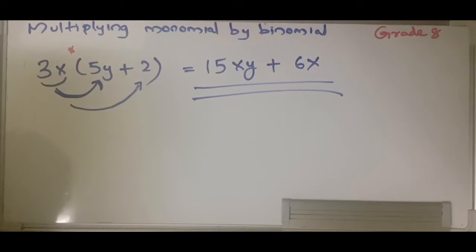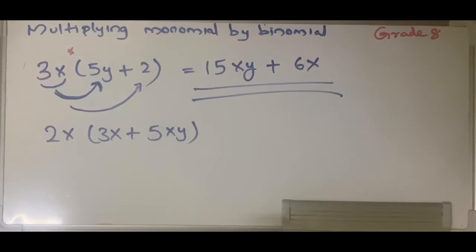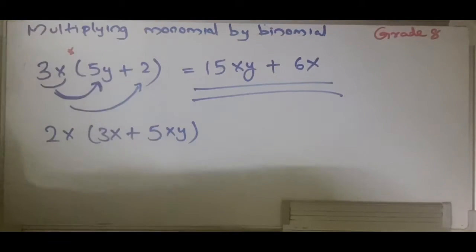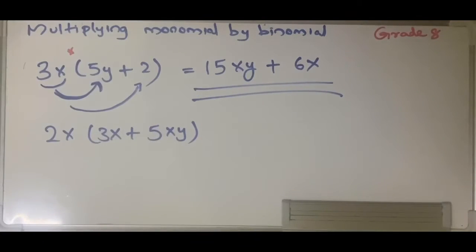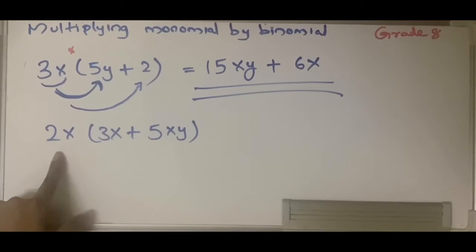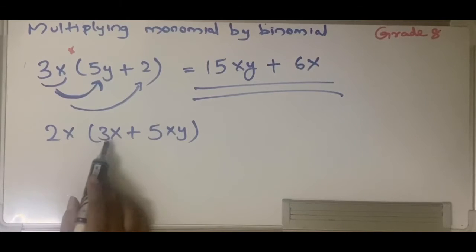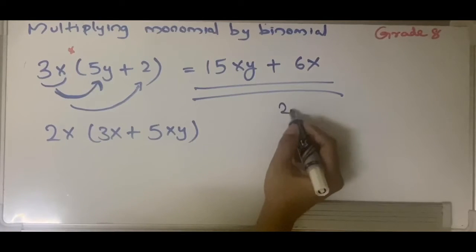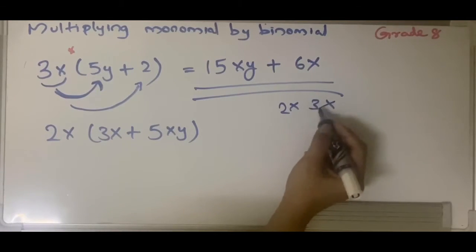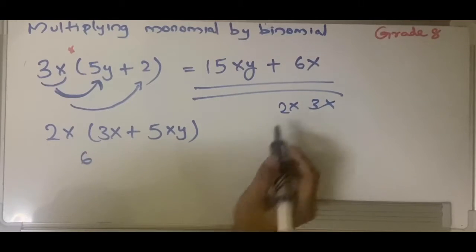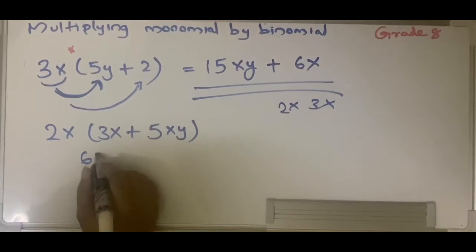Let's try another example. If you look into this example, first thing I have to do is multiply 2x and 3x, right? So I multiply 2x and 3x, so 2 times 3 would be 6 and x times x would be x square, right?